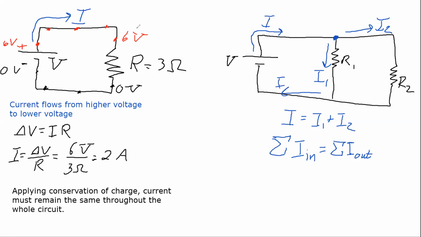This would be I. That's what that second junction does. It combines I1 and I2 back together again, and then you get your original current from the battery. Beyond that, it doesn't really do anything else. Okay, all right, so I hope I answered your question there.